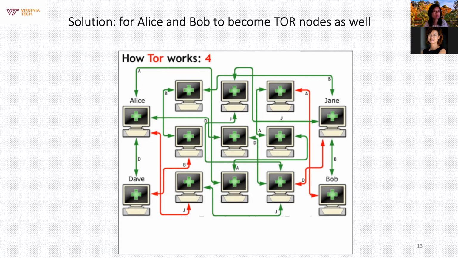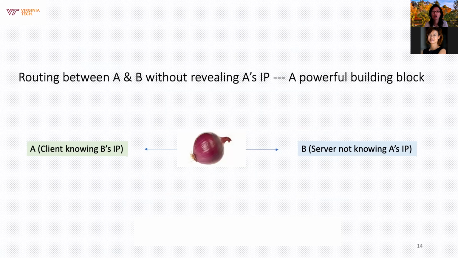Sometimes it's symmetric encryption, so you cannot make sense of it. You see some encrypted traffic coming in and going out, right? So this is very, very important. If you use Tor onion routing and you consider the threat model of traffic analysis, you do have to serve as a Tor node as well.